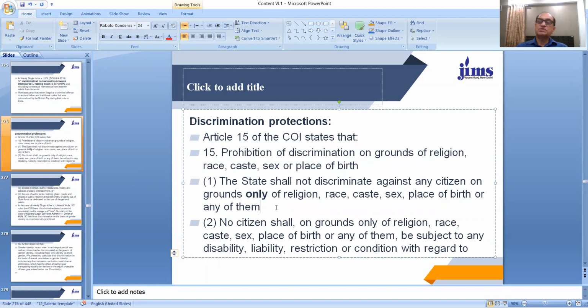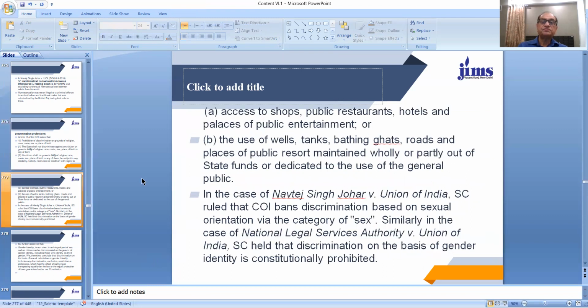Article 15 clause 2 says that no citizen shall only on the ground of religion, and again the word 'only' is important here, I am highlighting it, no citizen shall on the grounds only of religion, race, caste, sex, place of birth, or any of them be subject to any disability, liability, restriction, or condition with regard to access to shops, public restaurants, hotels, and places of public entertainment.